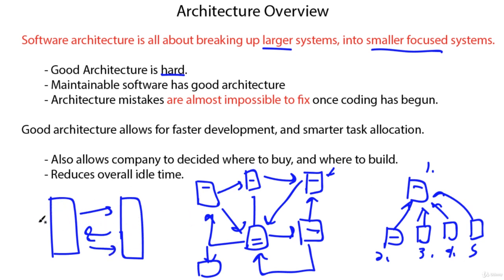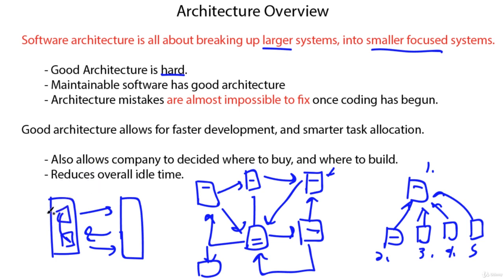Well, we could have them all work on the same file at the same time, but that would usually cause merge conflicts, which means I worked on code up here, he worked on code down here, but to get his code to work down here, he or she had to change something up here. So now I push my code, he pushes his code, and suddenly there's this big conflict. I'm changing code, he's changing code, and we'd actually have to come together and go line by line to fix it. It's a very painful process.